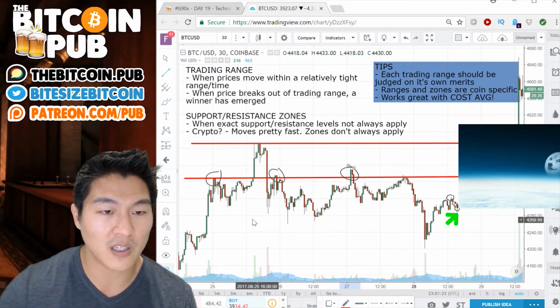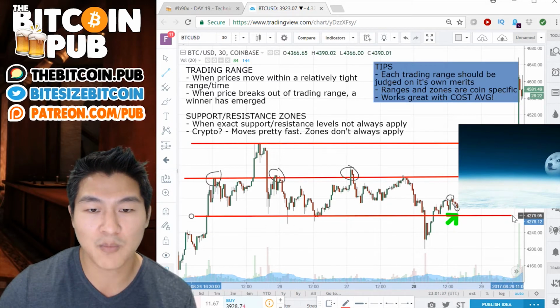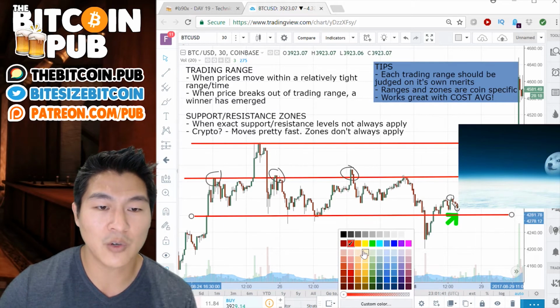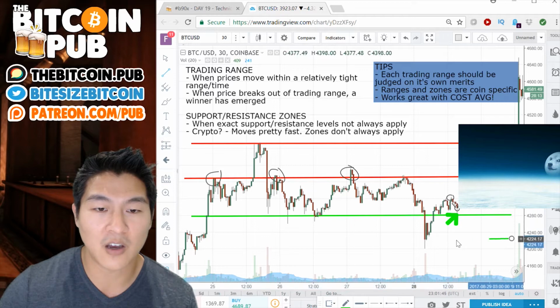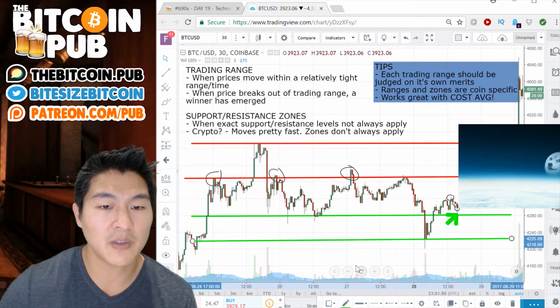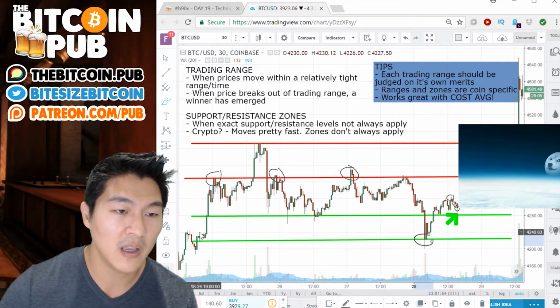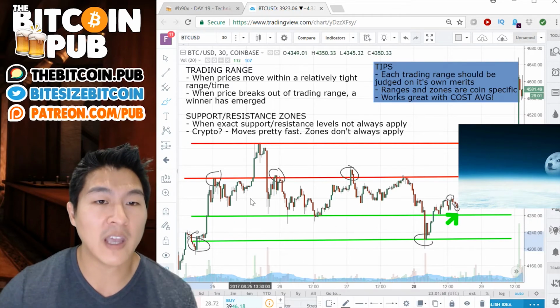I believe we have just enough data to say that there's some support right around here. Obviously, we're going to make this green. And let's create another support line down here, something like that, which is pretty significant because it's supported by this data point and these data points around here. So what do we have?